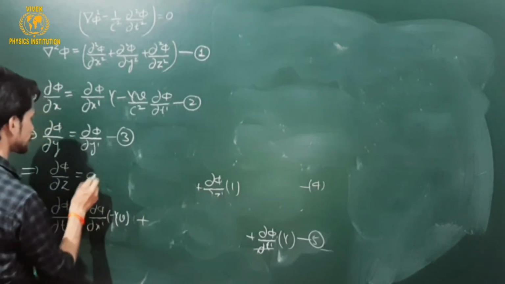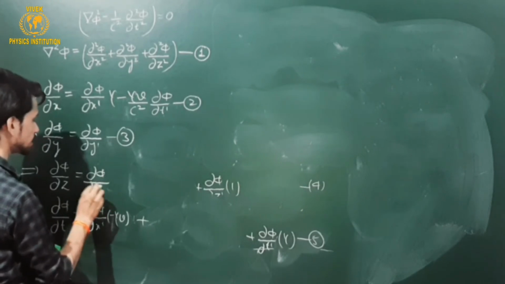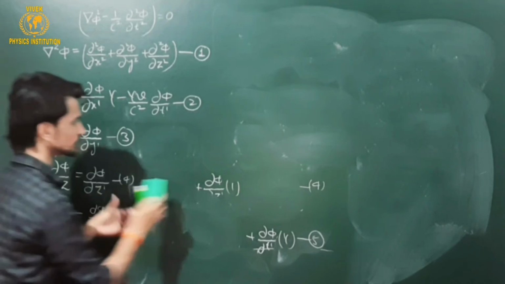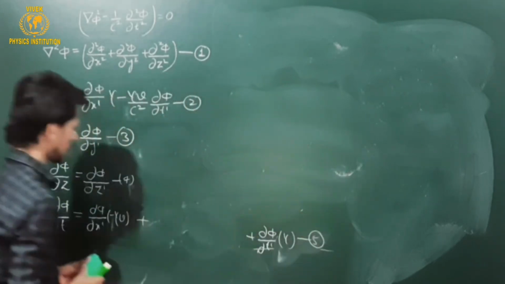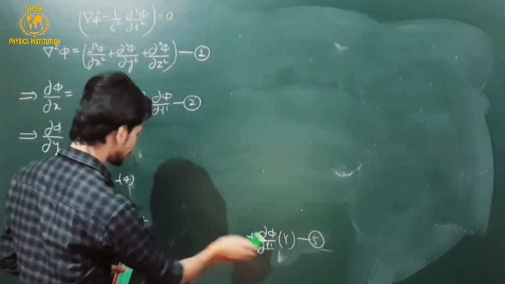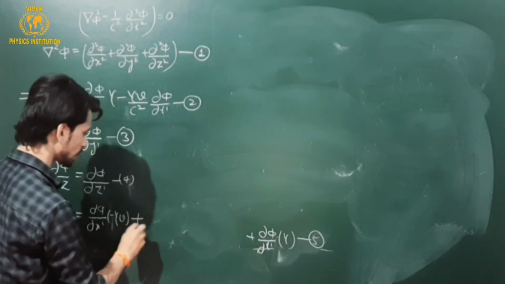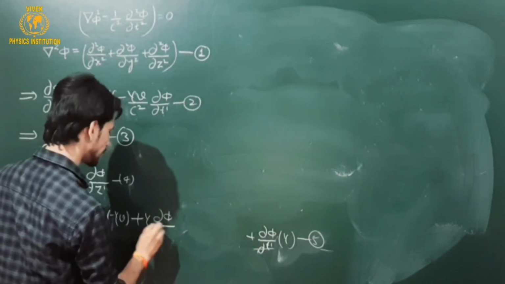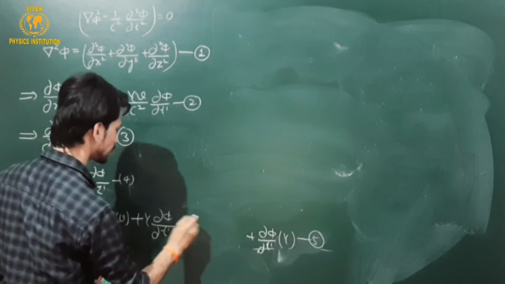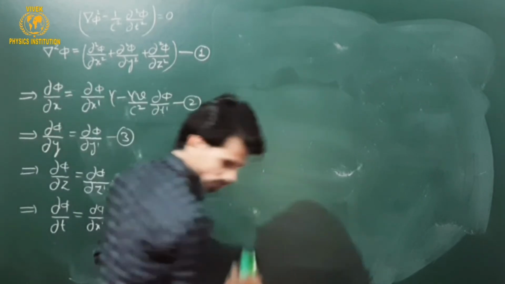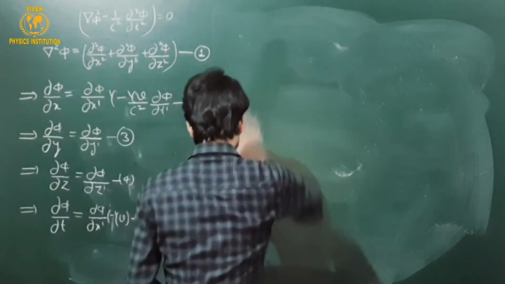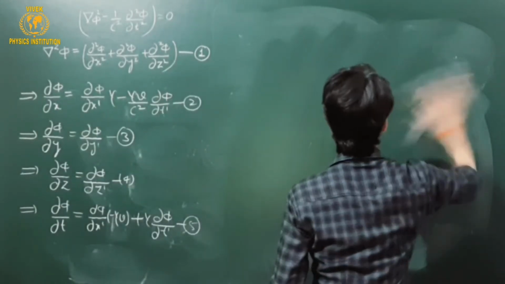This is del phi over del z dash. This equation was 4. And let me write this factor just near to this factor. This is plus gamma del phi upon del t dash. This is equation number 5. Okay, so these are the values of equations 2, 3, 4 and 5.